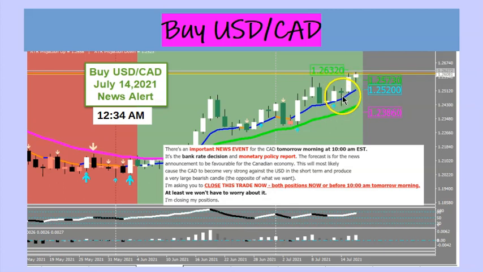I'm going to take a look at that slide in a second. Basically, after 10 o'clock in the morning and toward the close of that day on July 14th, there was just a big doji with a big wick below that, meaning it looked like price was going to continue going up in my original direction. So the original trade of the USD/CAD was valid.